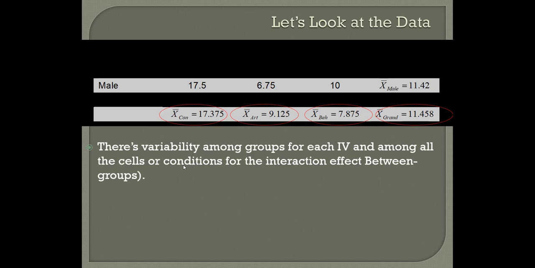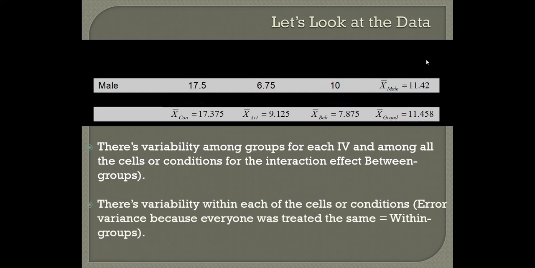We can see that there's variability between the groups for each IV, so the control group, the art group, and the behavior modification group. So that would be the between group variance for the therapy condition. And then we have the between group variability for gender.